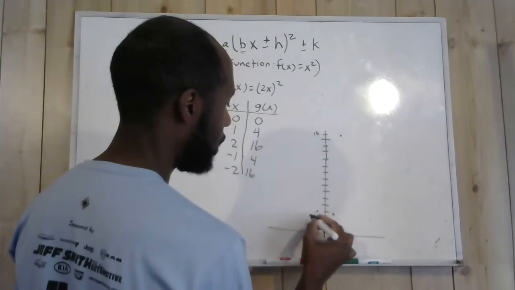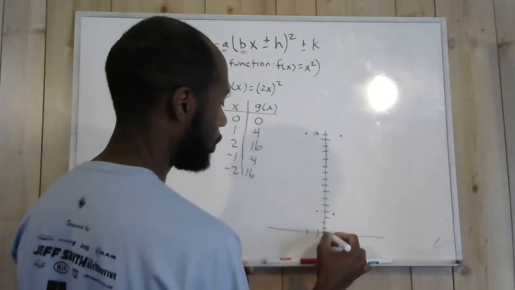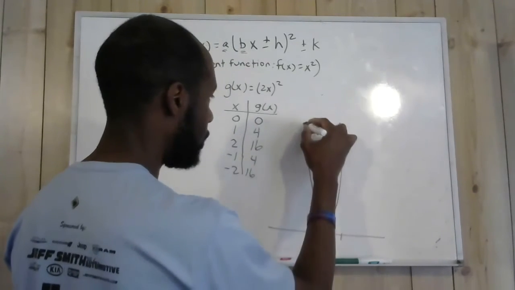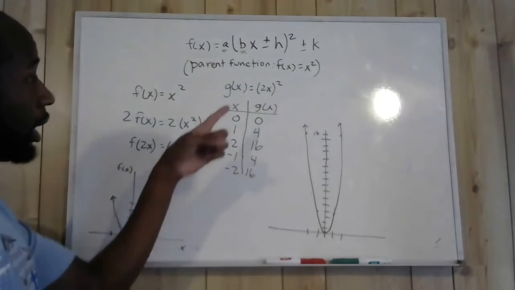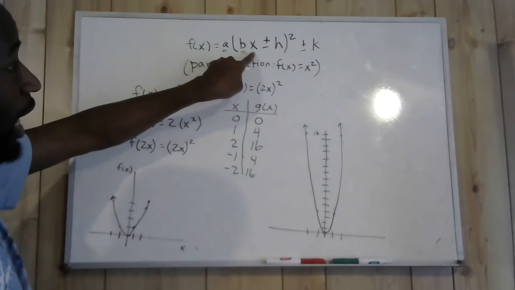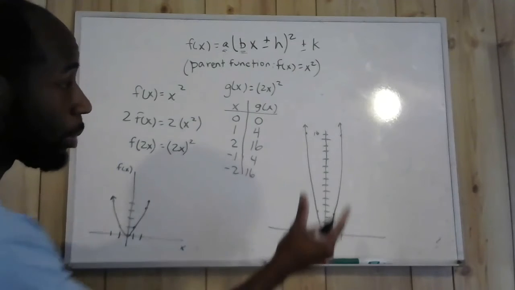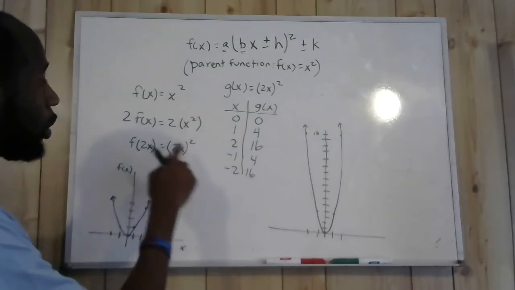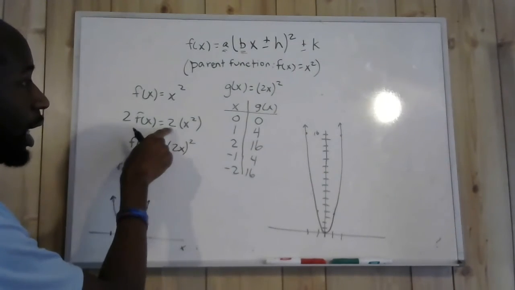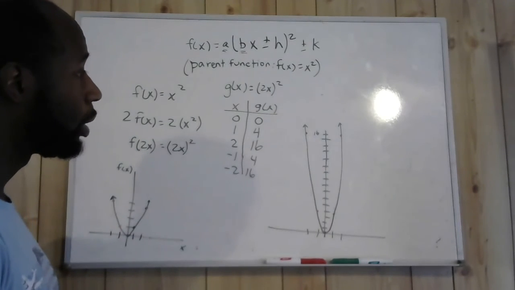So 4, 16. So as you see here, whenever you multiply the x by something that is greater than 1, it compresses it. Same way that it would if you multiplied the whole function by some constant that's greater than 1.